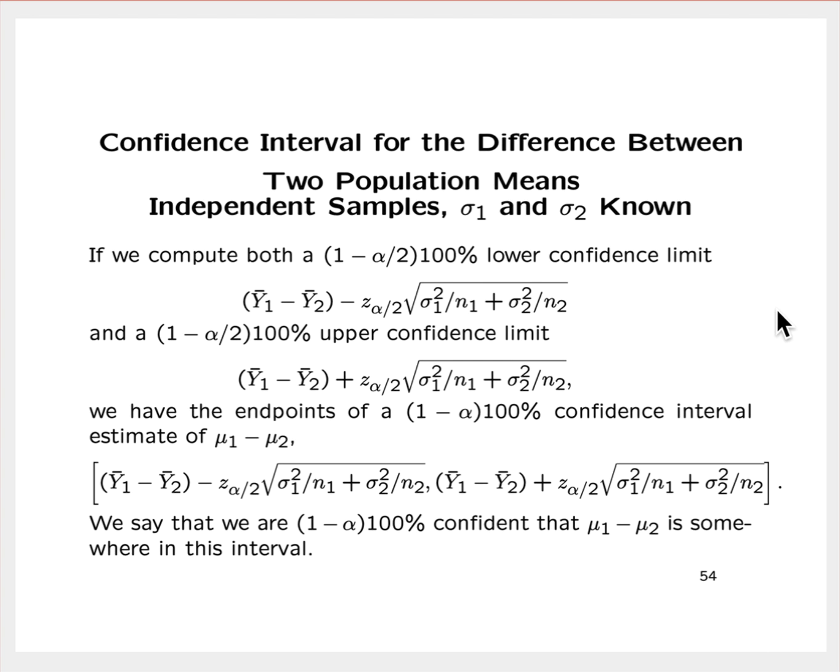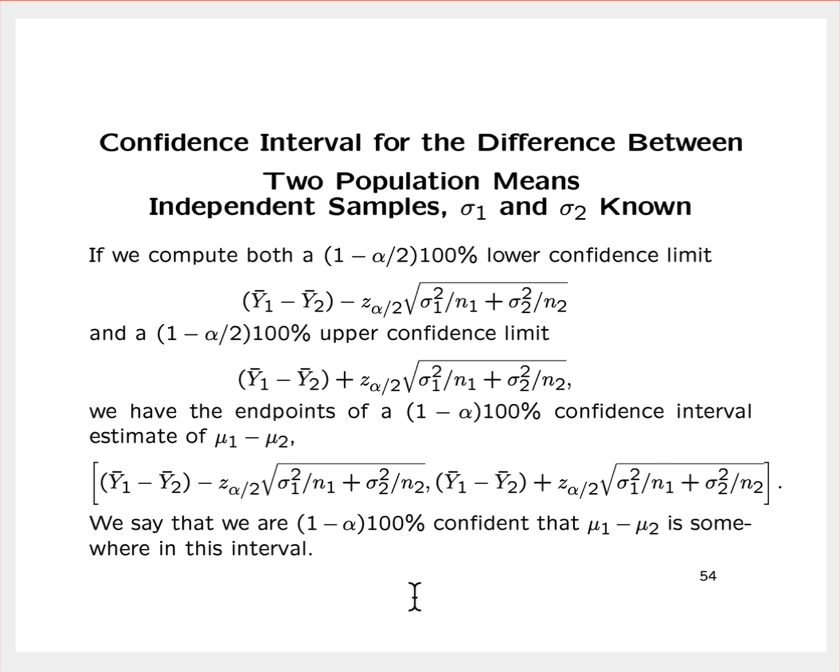Now, if we construct both a 1 minus alpha over 2 times 100% lower confidence limit, as well as a 1 minus alpha over 2 times 100% upper confidence limit, and then we put those two confidence limits together and form an interval, then what we have is a 1 minus alpha times 100% two-sided confidence interval estimate of the difference in population means mu1 minus mu2.